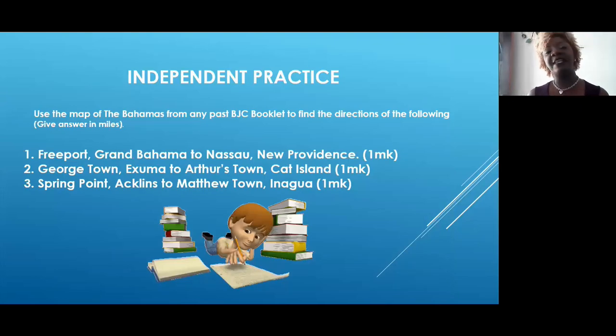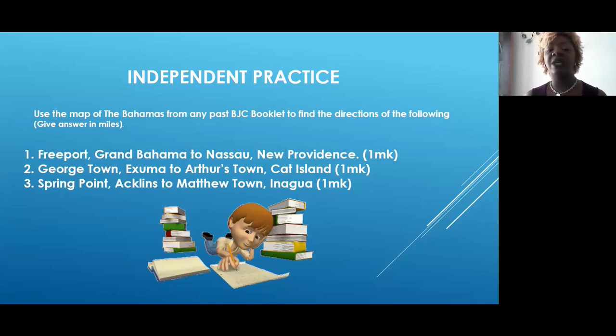All right, so we have some independent practice that I want us to do today for the remainder of our session, before we start to entertain some question and answers. We're going to use the map of the Bahamas from any past booklet, as I said before, to measure the directions of these questions 1 through 3. And of course, we're giving our answers in miles.